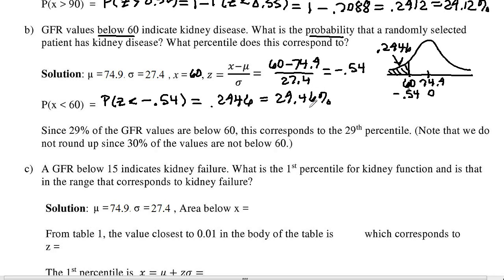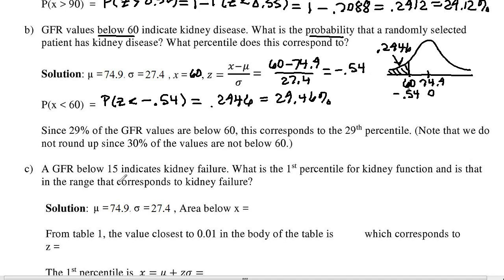So in one question they ask you to find the percentile that corresponds to the value, so that's just the percentage that's below. So find your z-score, find your percentage or probability that's below, and then that area is going to tell you what percentile you're in.